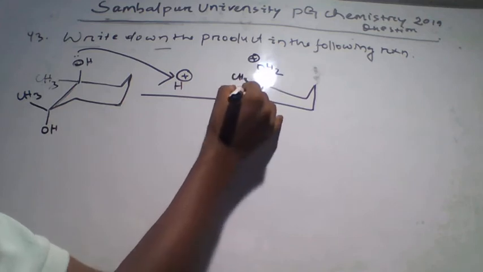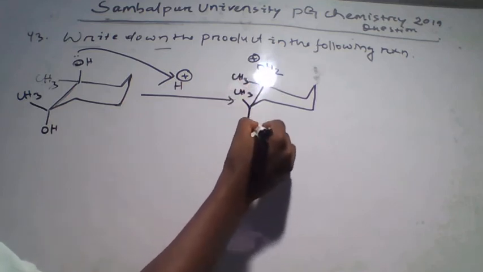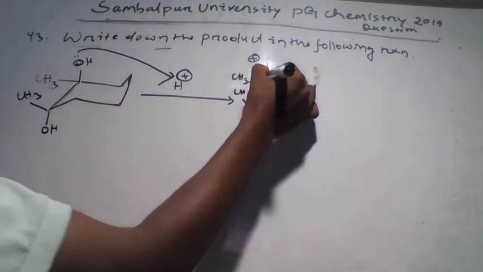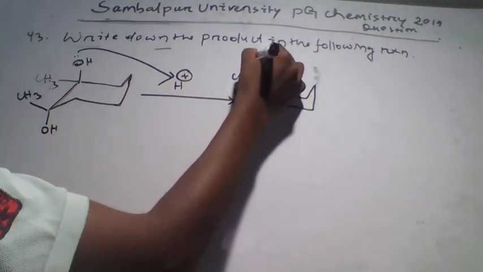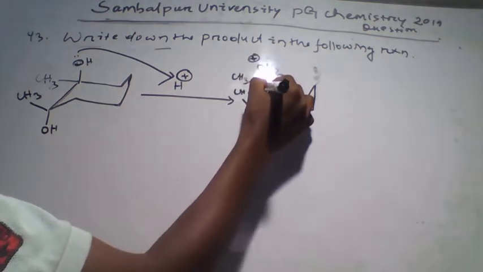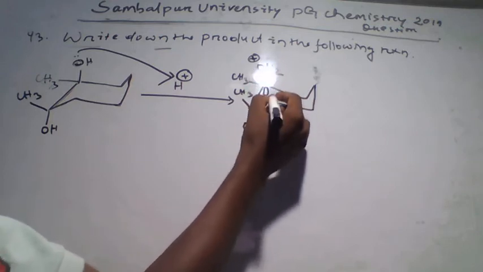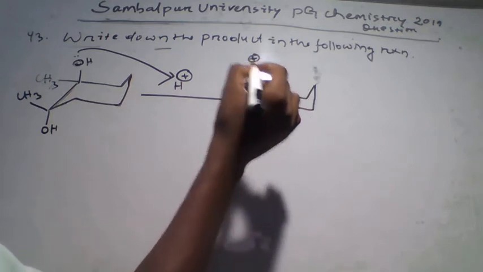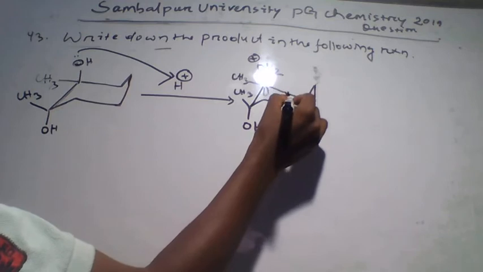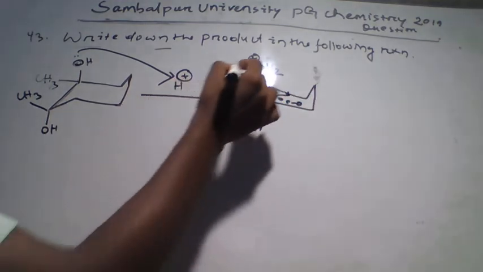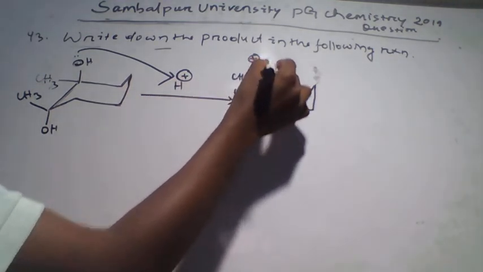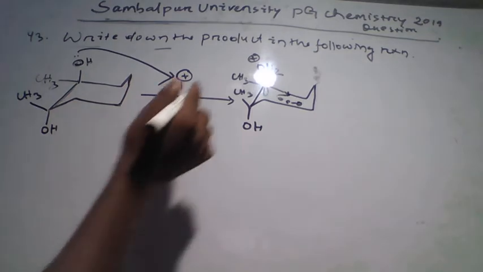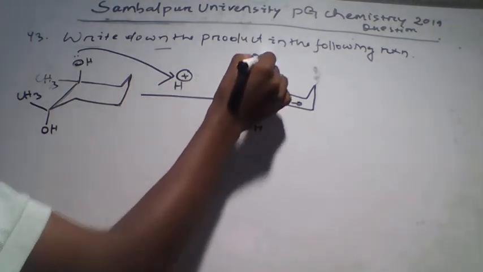This is your CH3, and this is your OH. This oxygen has a positive charge, and the sigma star orbital is exactly below this axial bond. Sigma star C-O, and this OH2 will eliminate like this as water.